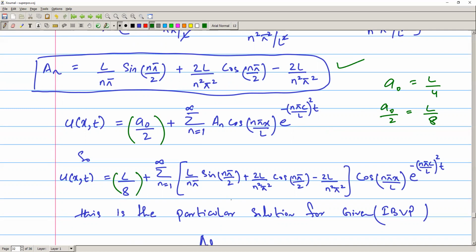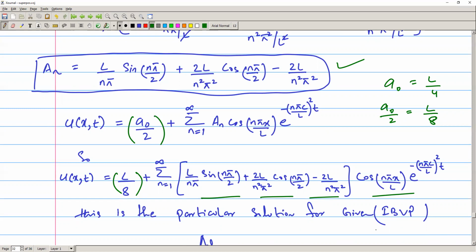And then similarly, we'll write this a n here, with cosine n pi x over L times e to the power negative n pi c over L whole squared times t. So this is the particular solution for the given initial value boundary value problem. And you can see that this is not a difficult task. It's simple.